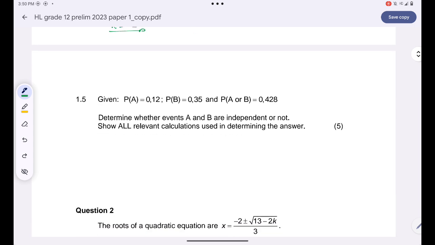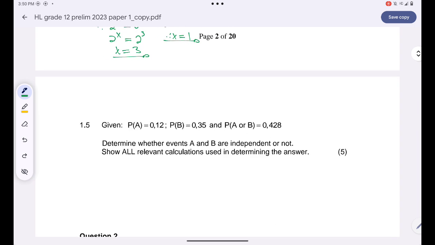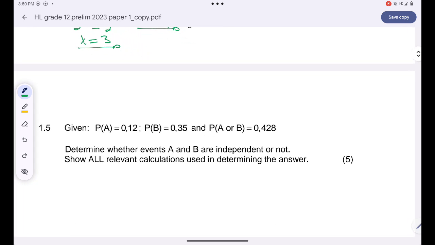Okay, 1.5, which is our last question. We are given the probability of A, the probability of B, as well as the probability of A or B. They want us to determine the probability of events A and B, or determine whether events A and B are independent or not. Show all relevant calculations used in determining the answer.